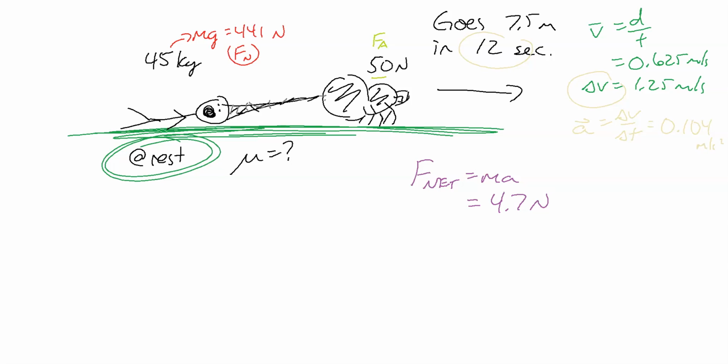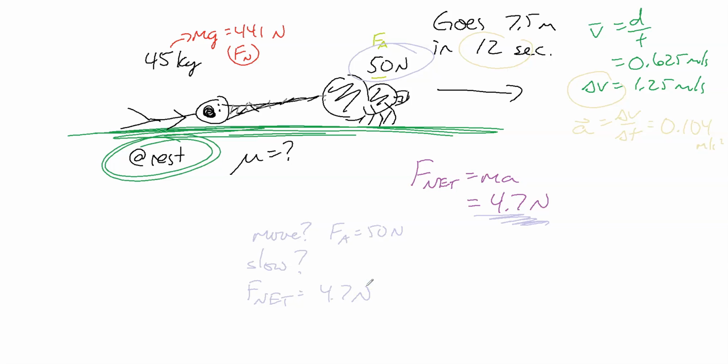Okay, so let's see what's going on here. This goes back to my basic questions: how much is trying to move it? Well, that's 50 newtons, my applied force. How much is trying to slow it down? I don't know my friction because I don't know my coefficient. But I do know my net force is 4.7 newtons.